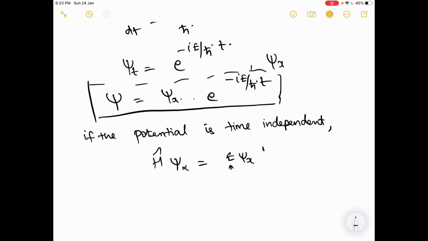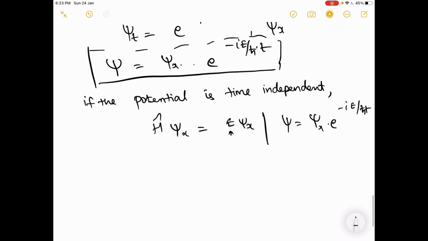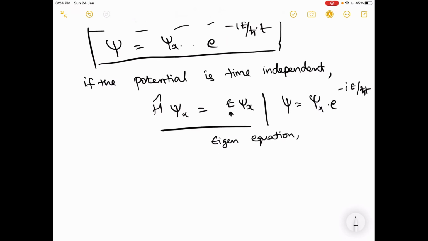And the total solution psi can be written as the solution from this time independent function into e power minus IE by h cross t. Okay, and once again it's easy to see that this is an eigen equation, and there can be many solutions.